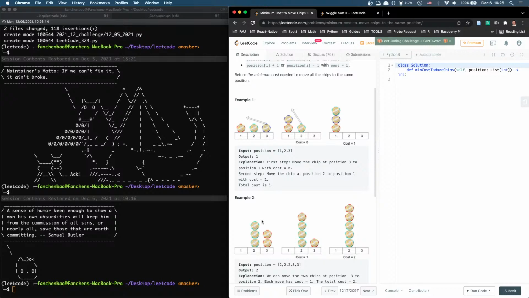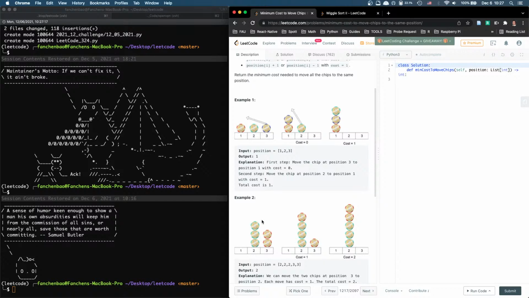So we have a bunch of chips, because eventually we want to put everything into the same position. And that position can be either even or odd, right? If the position is even, then all the chips that are currently at even positions have 0 cost to move there. If it's odd, then all the chips at odd positions have 0 cost. But eventually, the even ones need to move to the odd, which will cost 1, right?